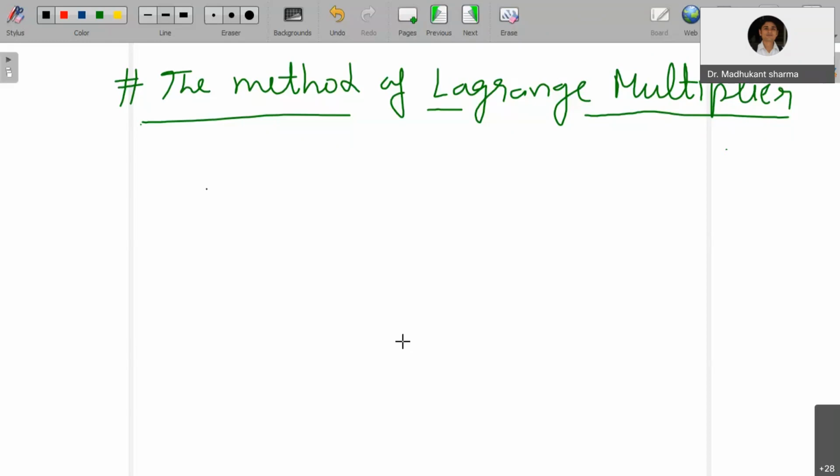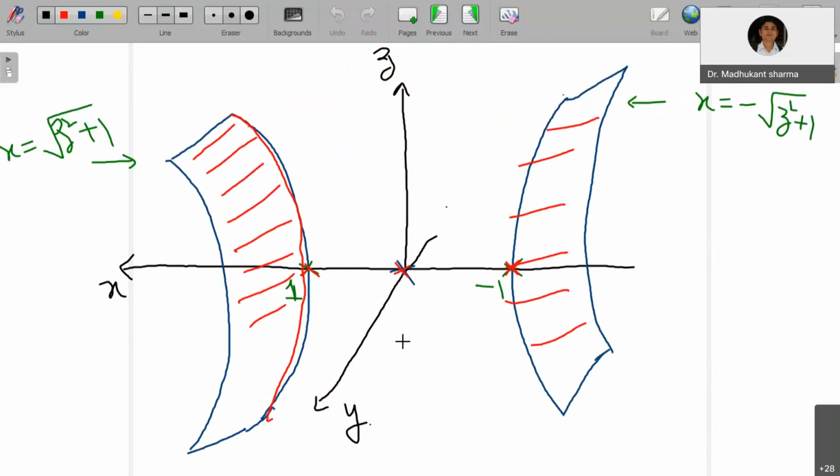Now, to see what we can do more geometrically, let's go back to the same problem and look at the graph here. In this particular example, we are trying to find the point on the surface which is closest to the origin. So one surface, two surfaces, right?